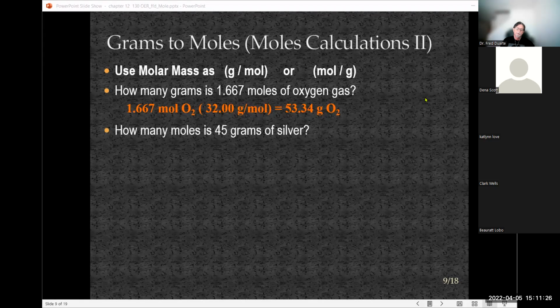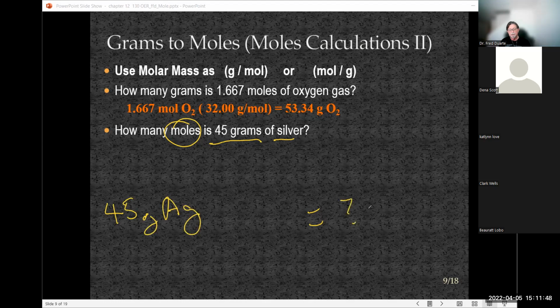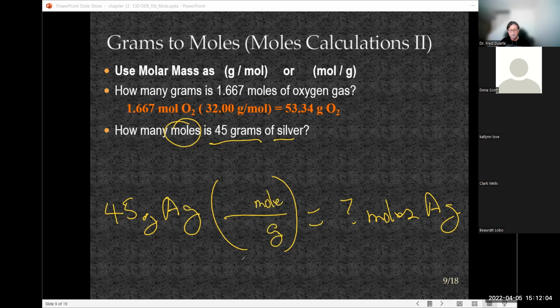All right, now here, they're asking how many moles is 45 grams of silver, okay? And so we started off with 45 grams of silver, and we need to figure out how many moles that consists of. Okay, so that means I need an atomic weight, because I want grams to cancel and I want moles not to cancel.